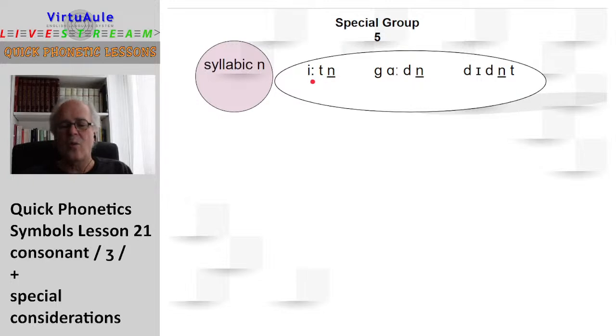Tin. So we put a little sound between them. Eaten. Okay, it's not really represented in the phonetics because it really is just going from the T to the N. Garden. Didn't.